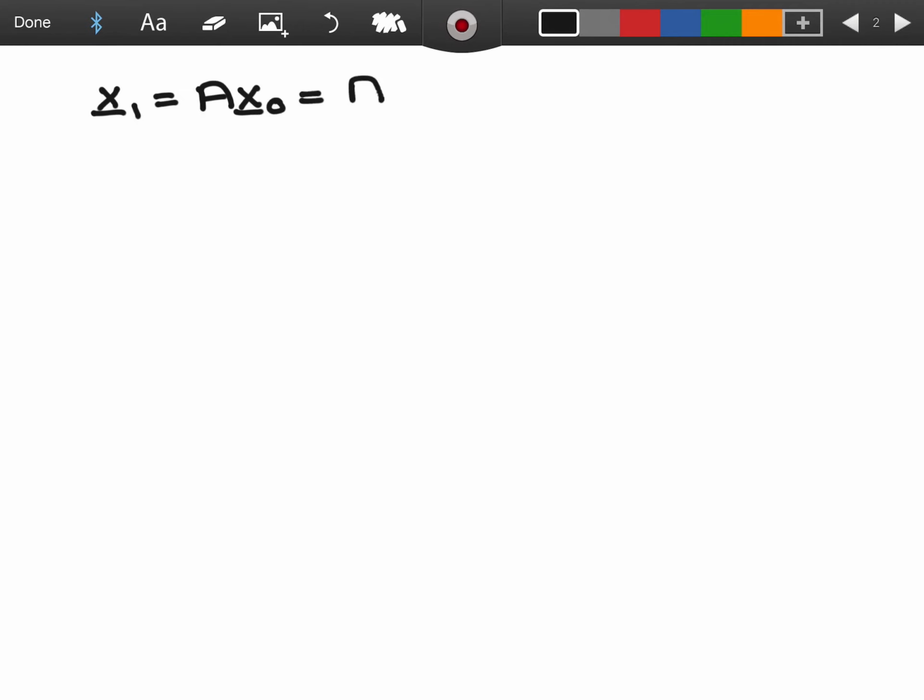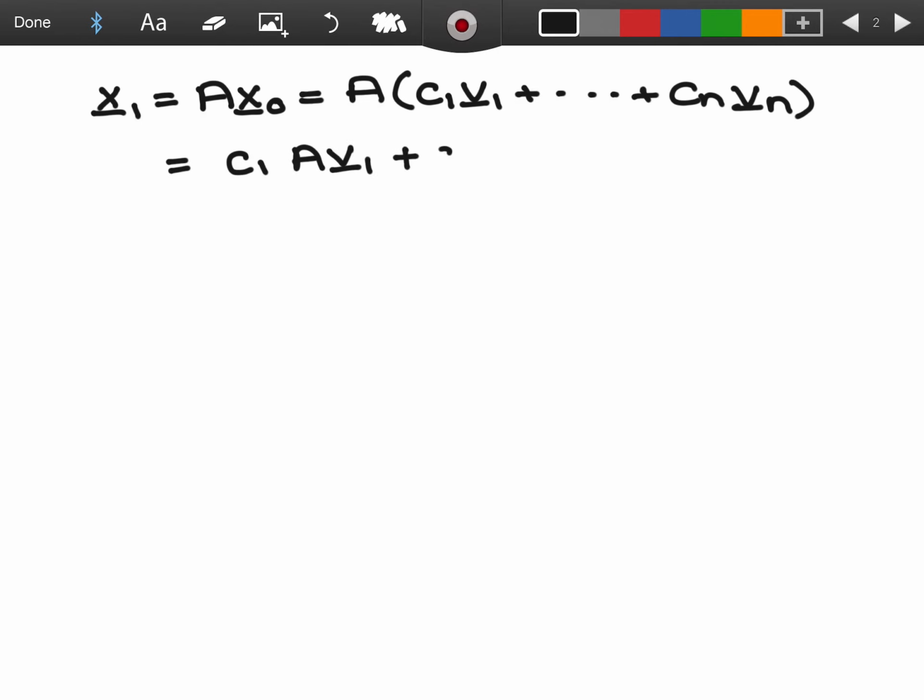It tells us what happens next in the population when you multiply it by A. So I'm going to go ahead and multiply x0 by A. Rearranging that, you're going to get c1Av1 plus c2Av2 up to cnAvn. Now, v1 through vn are eigenvectors associated with the eigenvalues lambda 1 through lambda n.